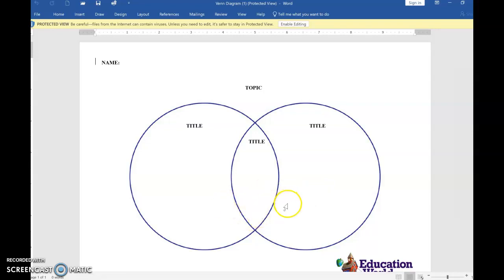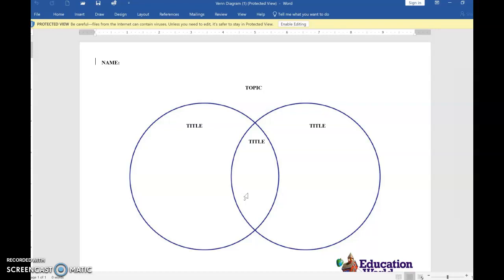So the way that a Venn diagram works is that the first circle represents, let's say, the Jumping Frog of Calaveras County. And then the second circle represents The War Prayer, so the second Mark Twain story. The part in the middle where they overlap, that would be where you would put aspects that the two stories have in common.